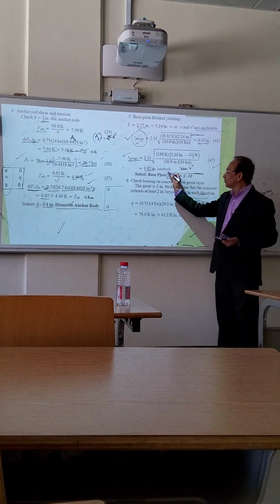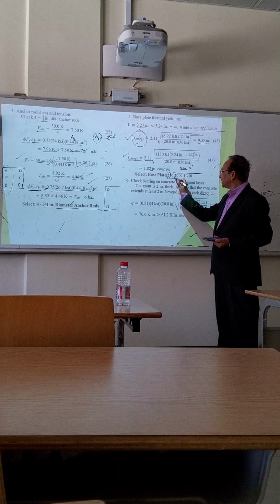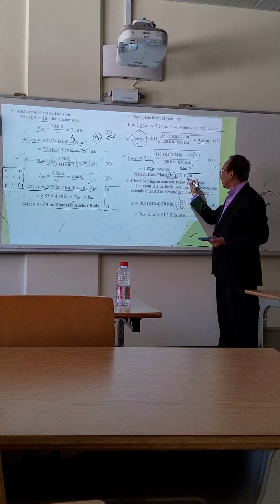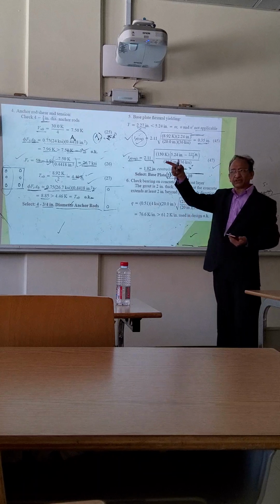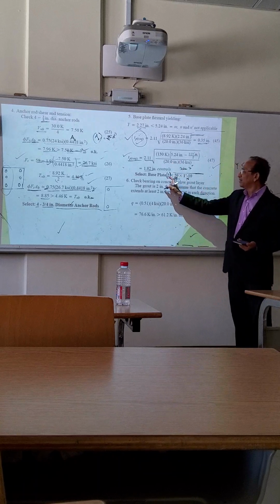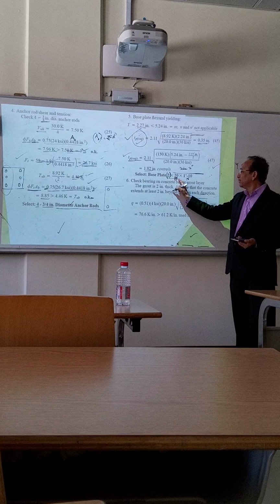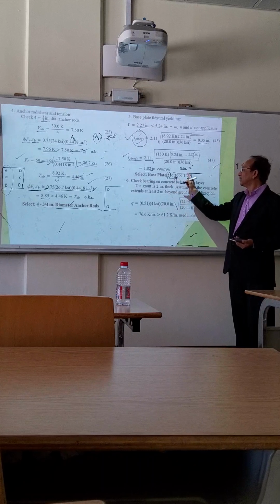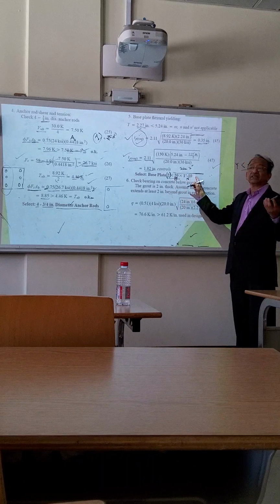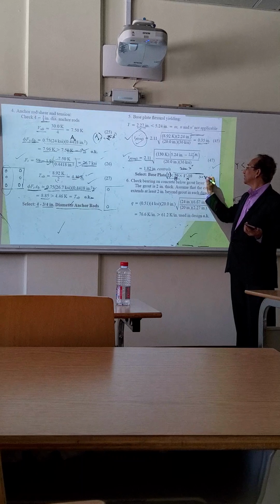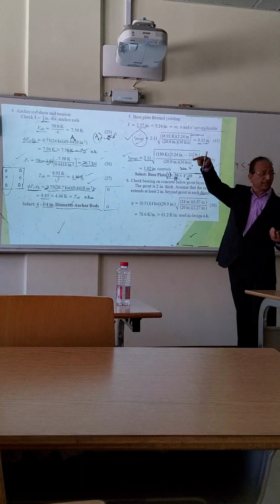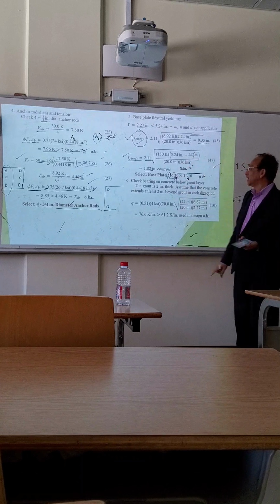So your plate is 2 inch, and these are the dimensions of your N and B, which are already given to you in the question. So this is your plate, 2 inch thick, with width B and length N like this. 1 foot 10 inch means 12 plus 10, 22. So N is given in the question as 22, right?